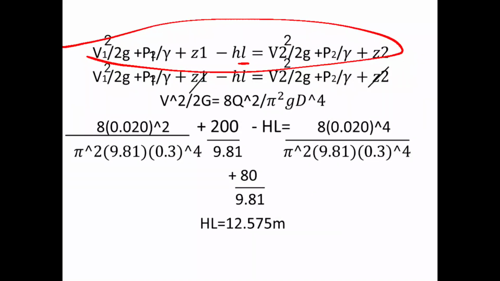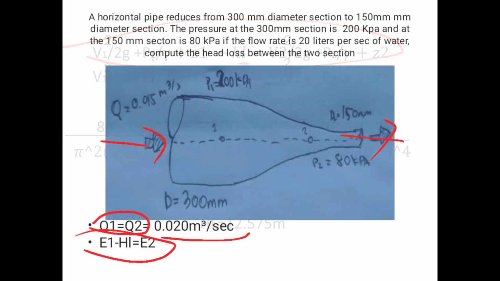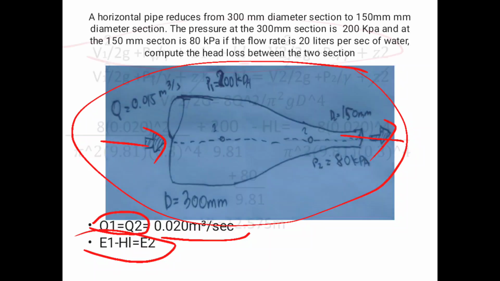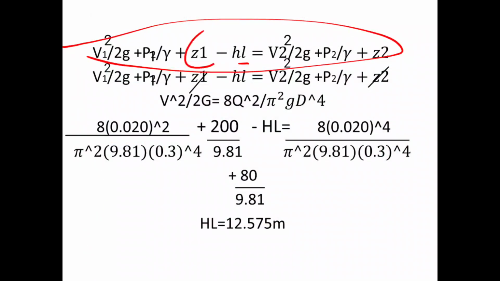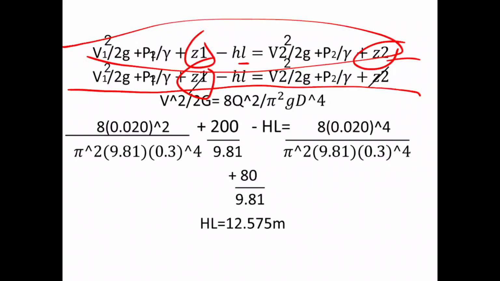So here at the figure, we don't see any elevation at this problem. So this elevation will also equals to 0. So that's why here we can see that the elevation, or the Z, is cancelled because it is equals to 0.